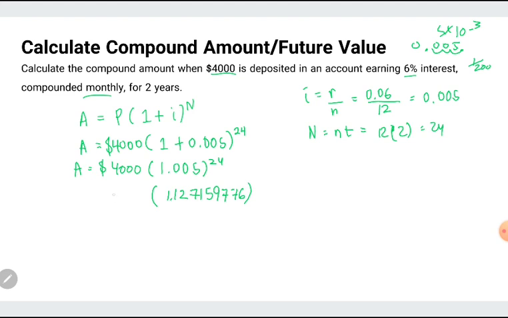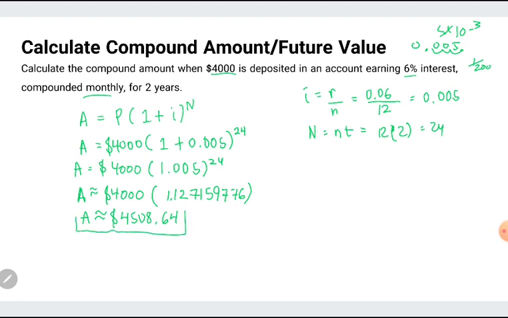I put all of the decimal places just to be sure. Multiply that by 4,000, I would get 4,508.64. That's the future value of my money.